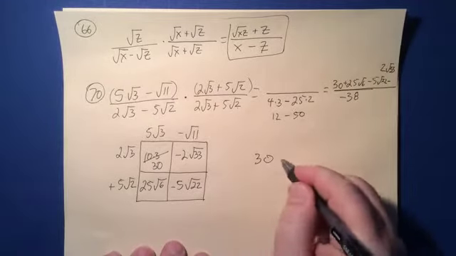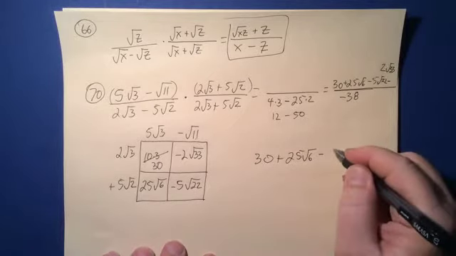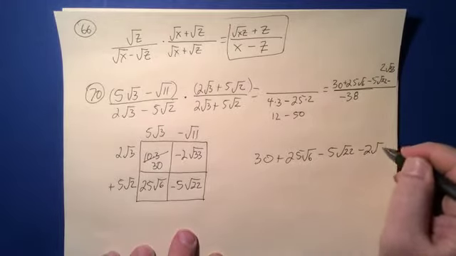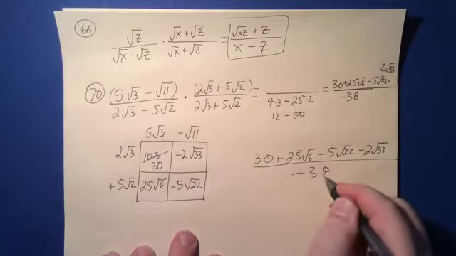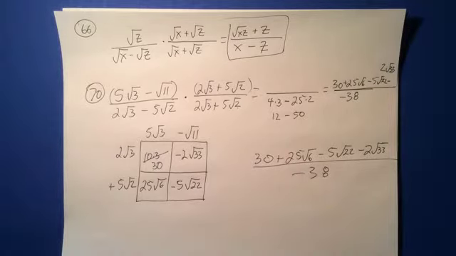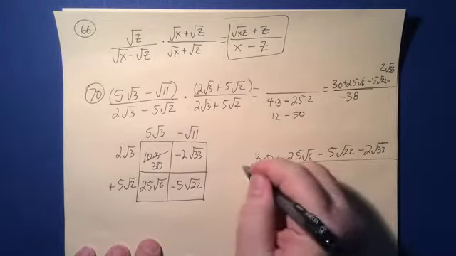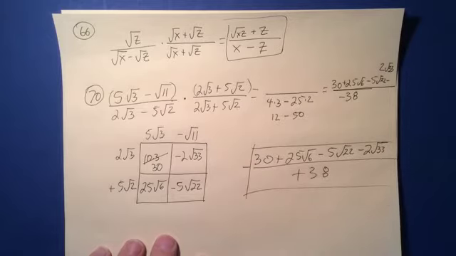It's going to be 30 plus 25 radical 6 minus 5 radical 22 minus 2 radical 33 over negative 38. Now, one other thing you should add to this. We can't have a negative in the denominator, so go ahead and make that positive and put the negative in the center there. And that's as simple as we can write that solution.